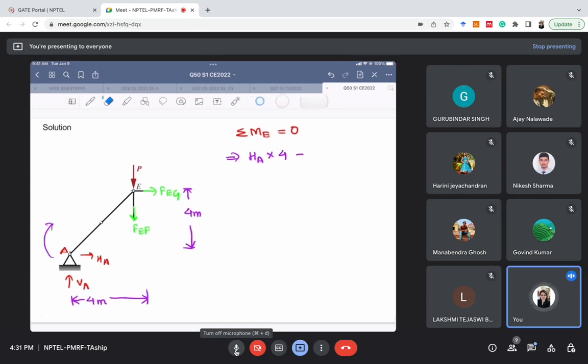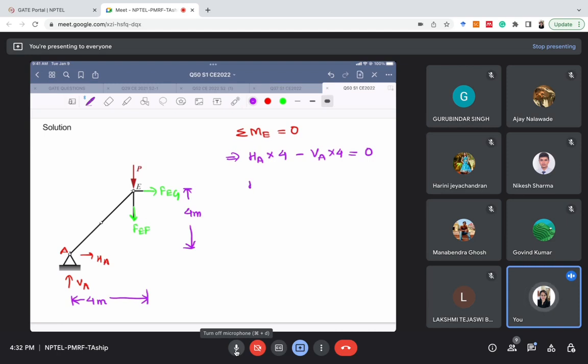Therefore, we have chosen the signs accordingly. So HA into 4 meter minus VA into distance 4 meter equals 0. There is no other force than HA and VA, right?